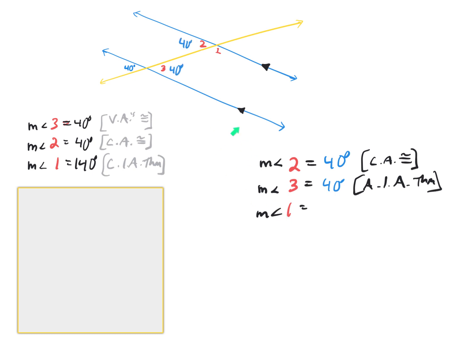So to find the last one, they might have done the consecutive interior angles, which have to be supplementary, and get 140 here. But they also might have used the linear pair idea. So either way, this person might have said angle 1 is 140 degrees, and their reason might have been because it's a linear pair with angle 2. And linear pairs are supplementary, or linear pairs add to 180, however you like to say it.